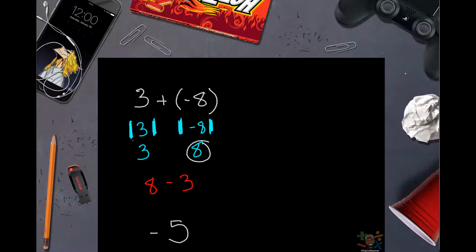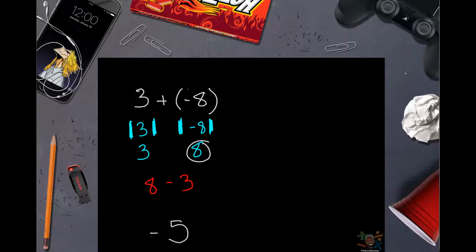I'm going to go through the steps really quickly again. I take the absolute value of both numbers. I figure out what has the greater absolute value, and that tells me what sign I'm going to use. Since 8 had the greater absolute value, I'm going to use its sign, in this case negative 8. So I bring my negative down, or wherever you're going to put it on your paper, go ahead and put your sign. So I know this is going to be negative.